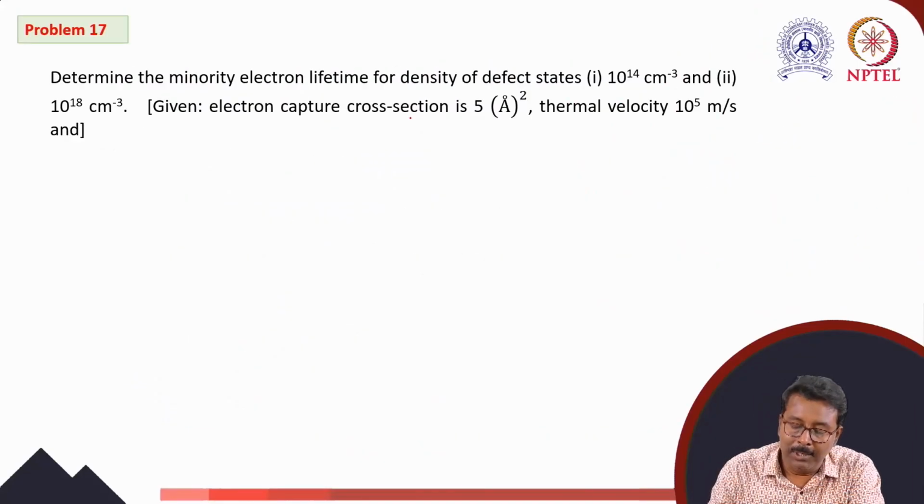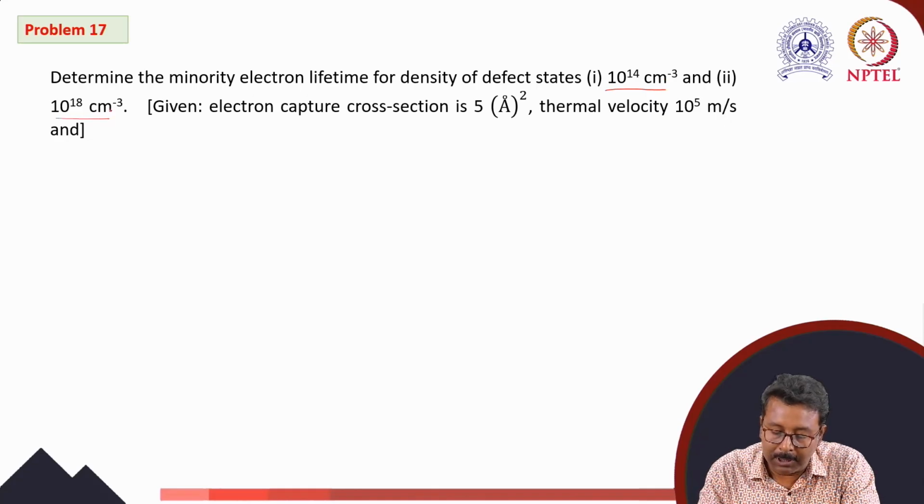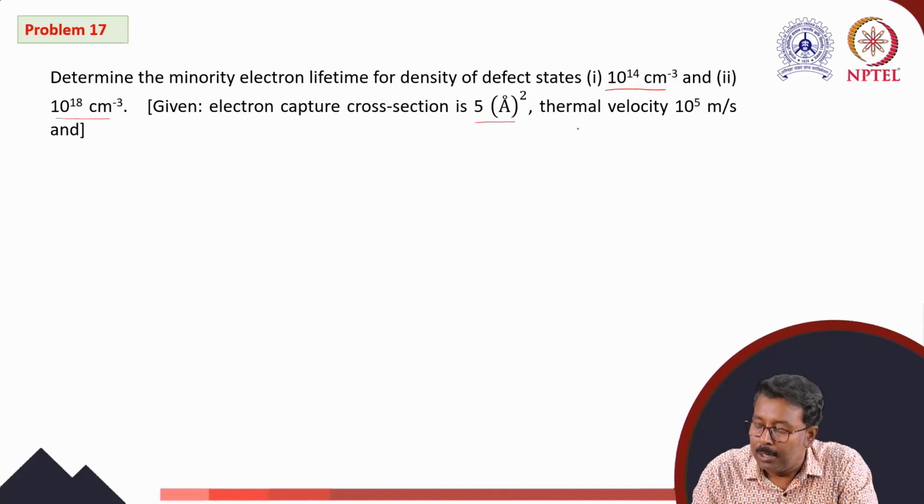So next problem, say determine the minority electron lifetime for density of defect states 10 to the power 14 per centimeter cube and 10 to the power 18 per centimeter cube. Given electron capture cross section 5 angstrom square, thermal velocity is 10 to the power 5 meter per second. Yeah, this is straightforward.